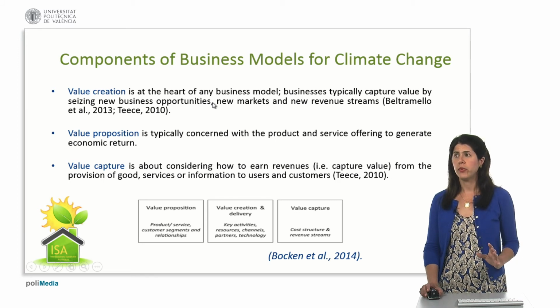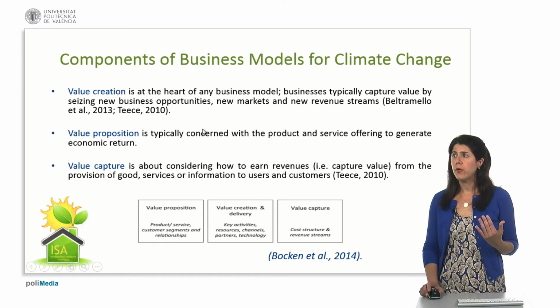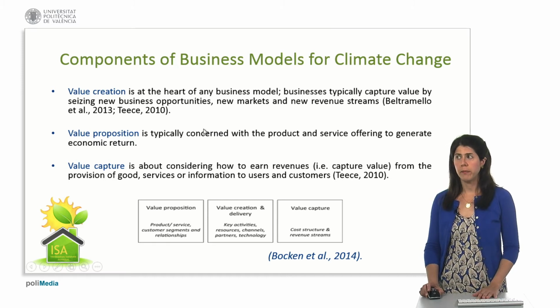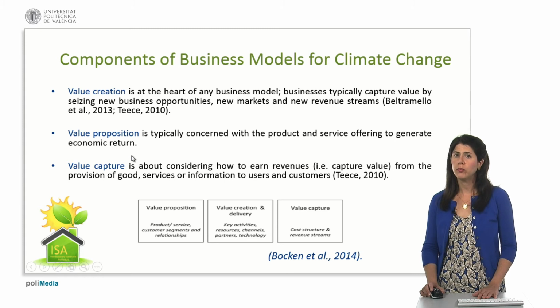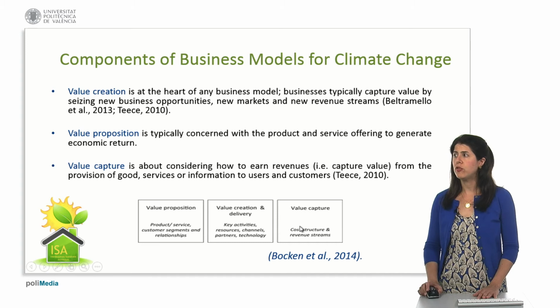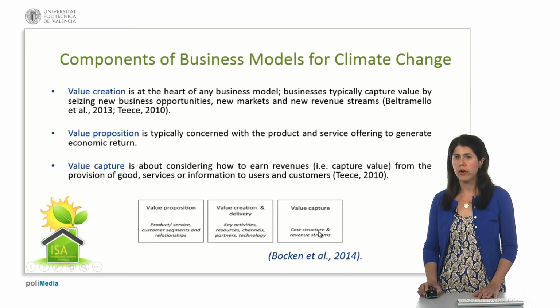Secondly, and very important, those are possible through the production of products and services that produce an economic return to the firm. And thirdly, we need to identify how we are going to produce the value capture, or what is the same, we need to build our cost structure and identify what the revenue streams are going to be.